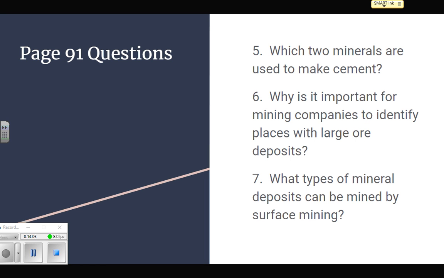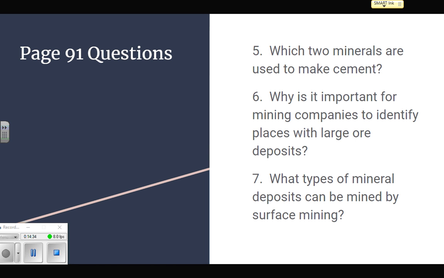Subsurface mining and surface mining. Many mineral deposits are far beneath Earth's surface. Miners work in underground mines to collect these minerals. This type of mining is called subsurface mining.